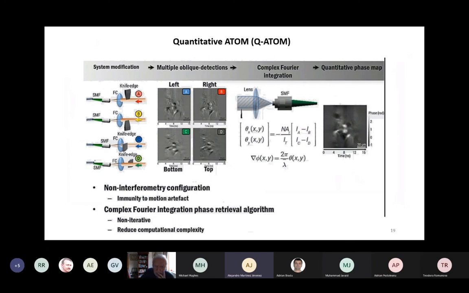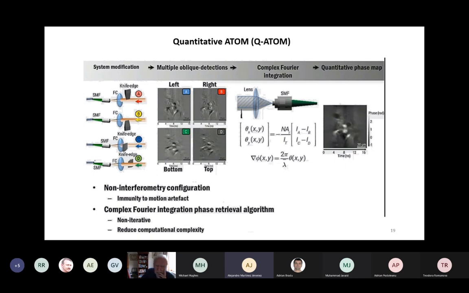So in Q-ATOM, they modify the system by using, instead of the fiber coupling angle, a knife edge to partially block the collimated beam. And then in A, B, C, and D, they cut a little bit from the top, bottom, left, and right of the collimated beam.